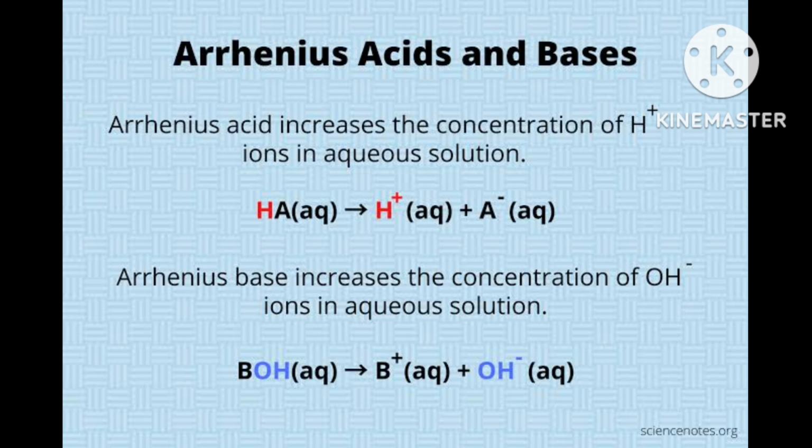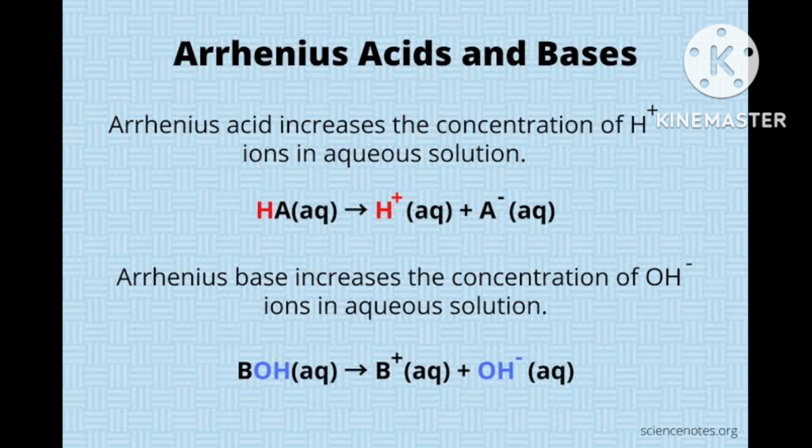Then how will you write the equation? NH3 (aq) plus H2O (l). NH3 is dissolved in water, and H2O, you know, is liquid. Then here NH3 will accept one proton from H2O.